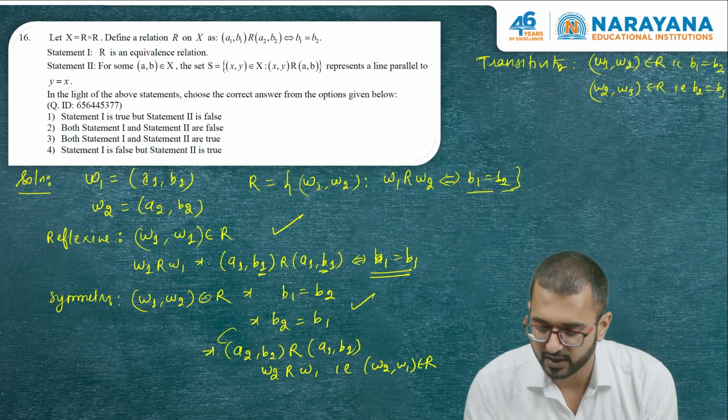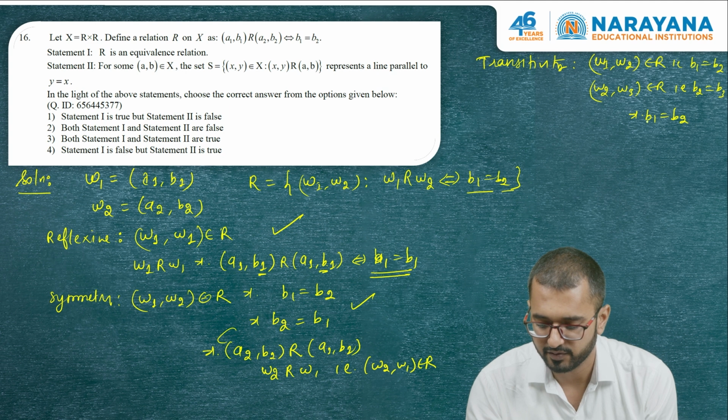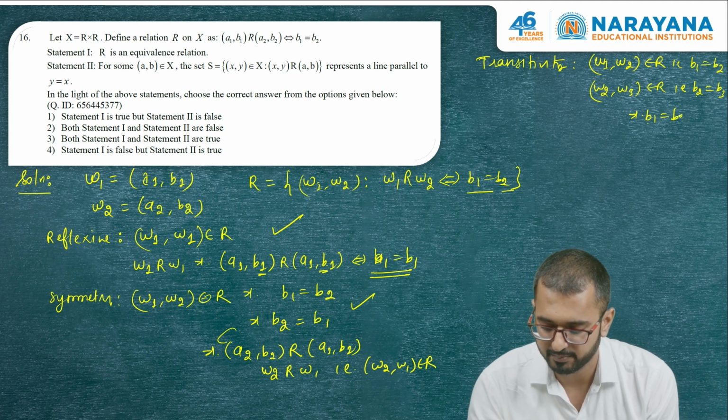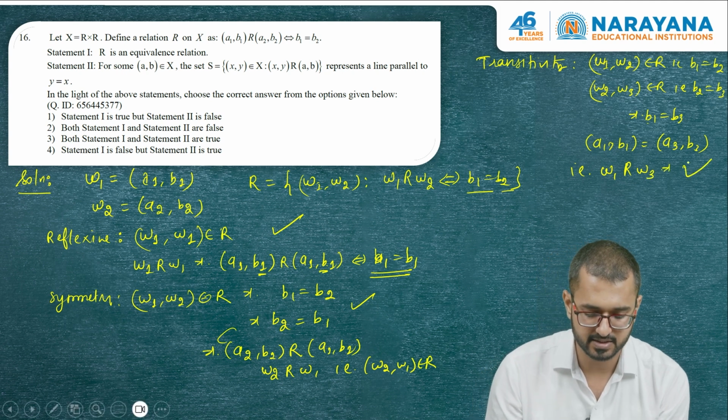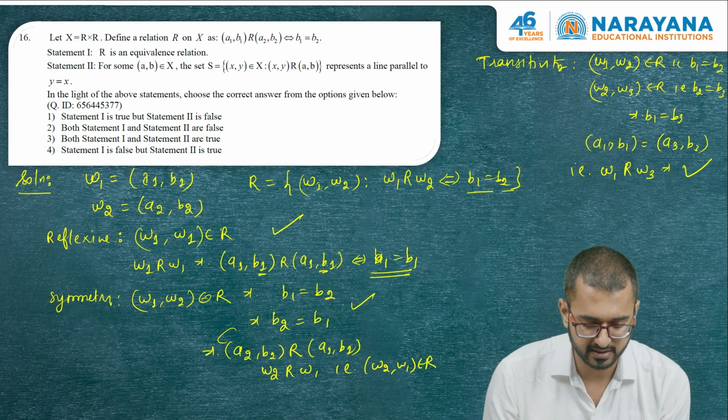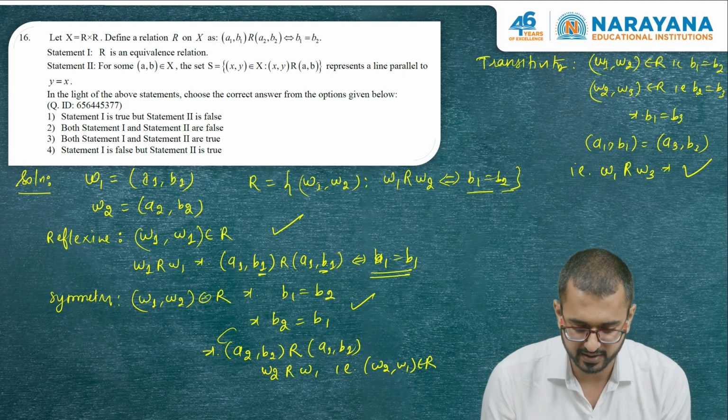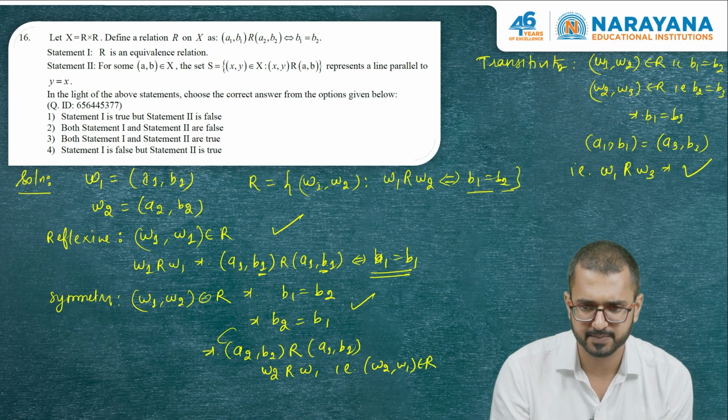So B1 equal to B2, B2 equal to B3. From here can I write B1 equal to B3. So if B1 equal to B3, I can write A1 B1 is related to A3 B3. I can say now from here that W1 is related to W3. So this implies transitivity verified. That means R is now an equivalence relation. So yes, it is perfectly fine. Statement 1 is correct.